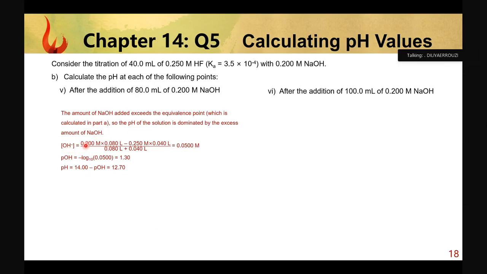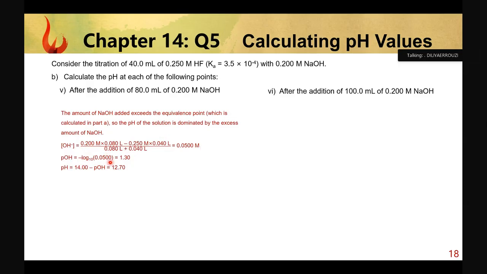So this is basically how much sodium hydroxide we added minus how much is used by this acid being neutralized. So we subtract these moles, then we divide it by the total volume. So we get the concentration of hydroxide ion.